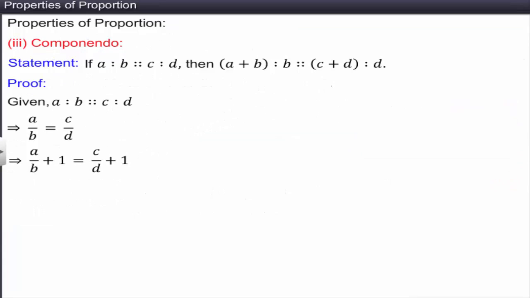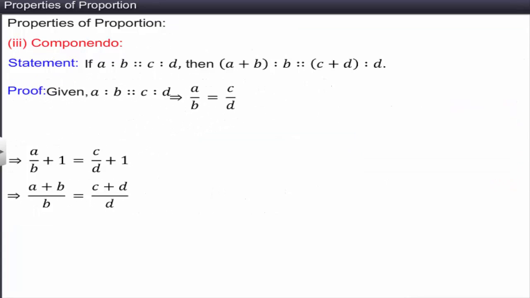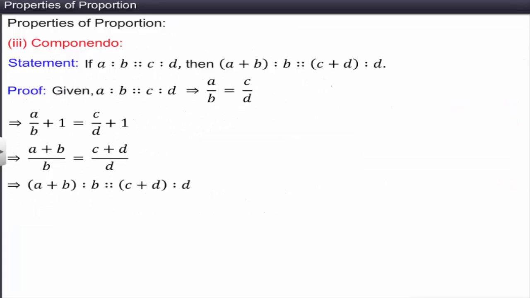On simplification, we get A plus B divided by B is equal to C plus D divided by D. It can also be written as shown. Thus, if A is to B is as C is to D, then A plus B is to B is as C plus D is to D. This proves the componendo property.